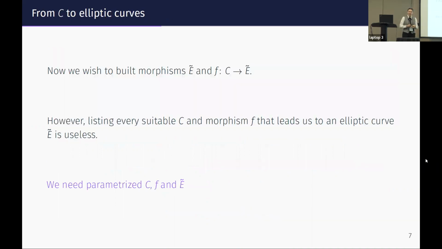Okay, so we managed to complete the first step of our encoding construction.